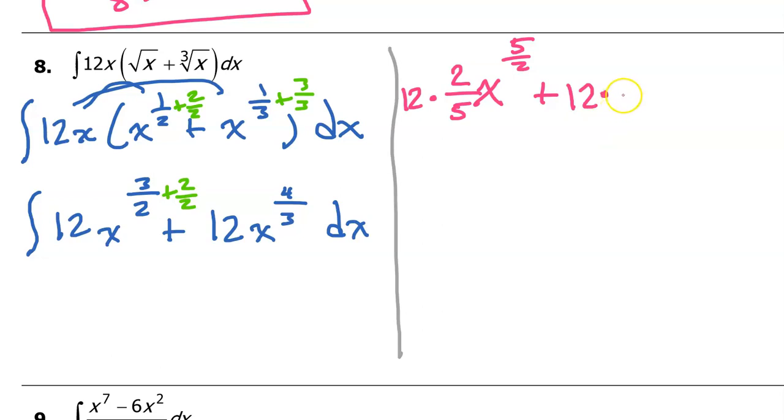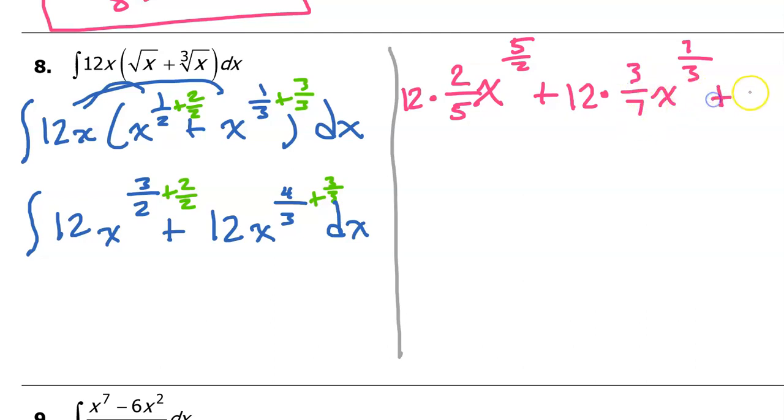So I'm going to have x to the, I need to add 1 to this power. So I'm adding 3/3. That's going to be 7/3. So I have x to the 7/3 power. Then I divide by the new exponent. Dividing by 7/3 is the same thing as multiplying by 3/7.